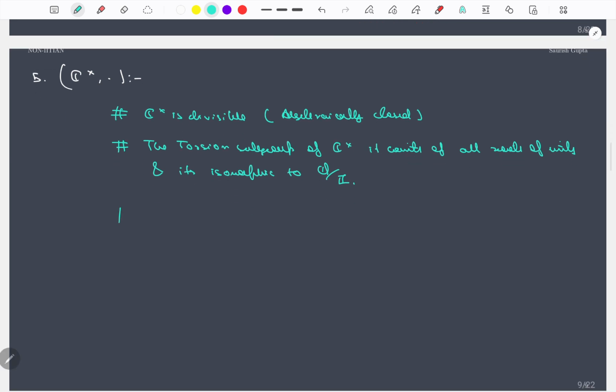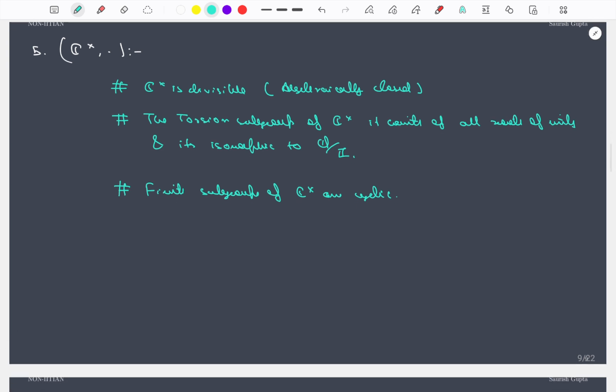The next important property is that finite subgroups of C cross are cyclic, and it's a general property of all fields, that any finite subgroup of the multiplicative group of a field is cyclic. Okay, so what is a field?